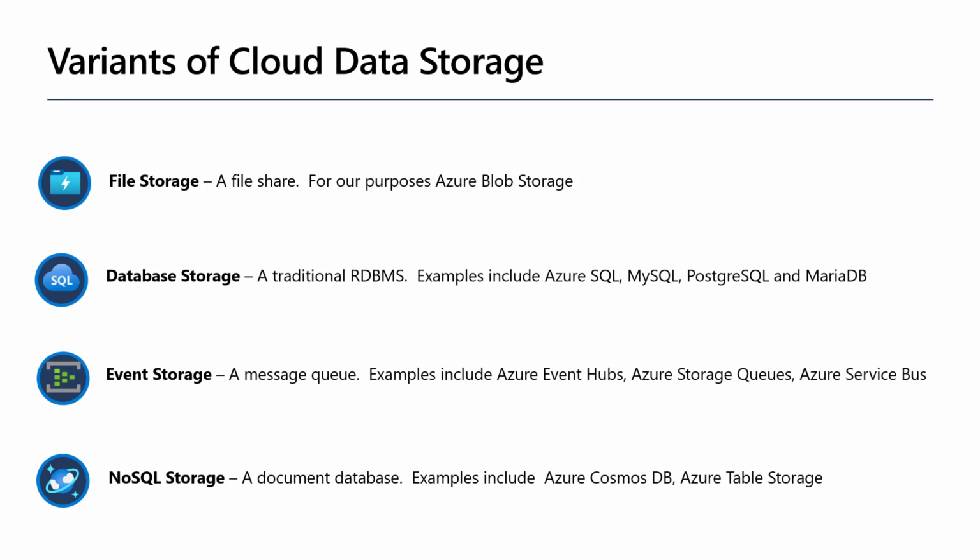And then the last one here to look at that's interesting is NoSQL databases. NoSQL databases oftentimes might be referred to as document databases. In fact, the Azure technology Cosmos DB was originally called Document DB.